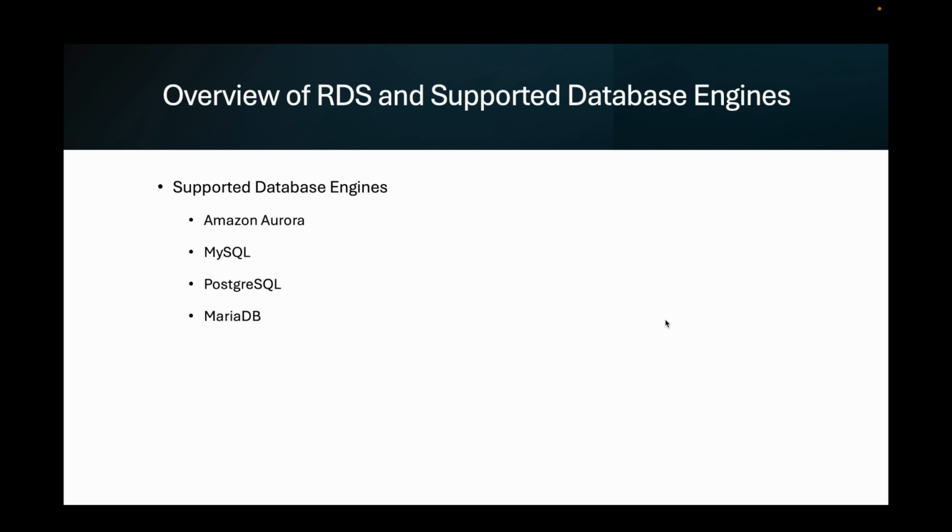MariaDB, a popular open source database created by the developers of MySQL. Oracle, an enterprise level database system with support for various versions and editions. Microsoft SQL Server, Microsoft's relational database widely used in enterprise settings.